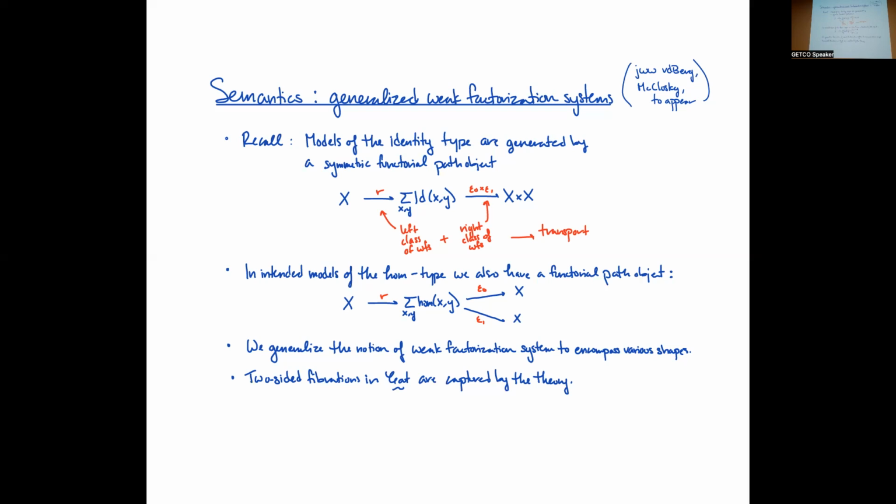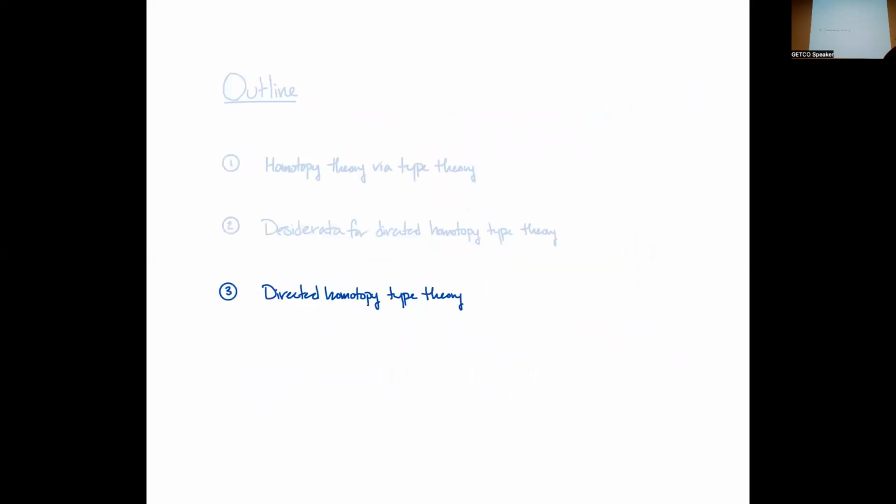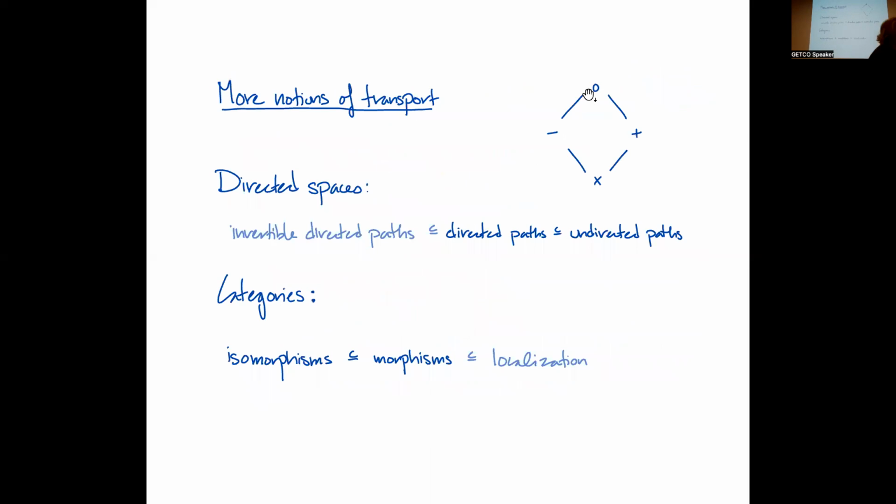But what we're really doing, and what this picture suggests, is that you really have four different path objects going on, and with these four different path objects, for any context, with any kind of annotations about all the variances, we can first draw the diagram of all the dependencies, and then write the required notion of lifting or of transport in terms of all the different path objects that are relevant for each type in the context.